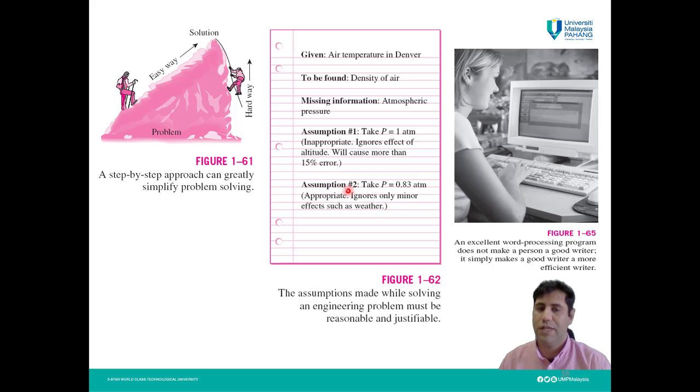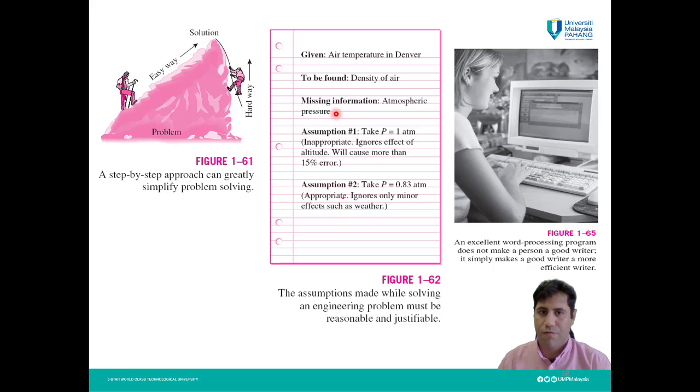What about another assumption? Assumption number two: take P equal to 0.83 atmosphere. It is an appropriate assumption. Why? Because it ignores only minor effects such as weather.